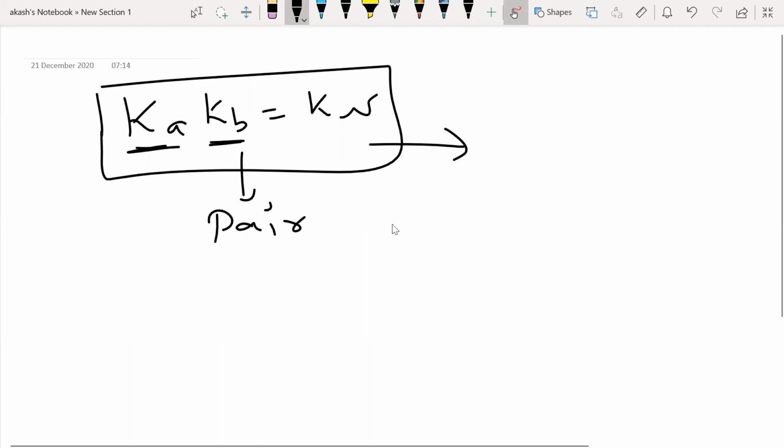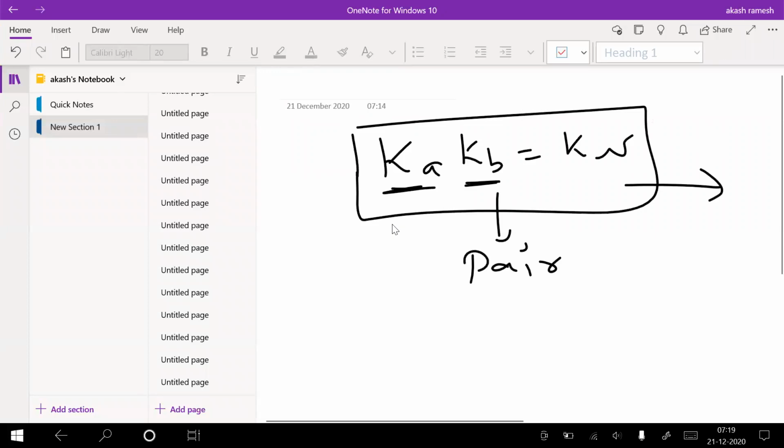Okay, now tell me, how will you do this problem? What do you mean by ionization constant, guys? What are they talking about?